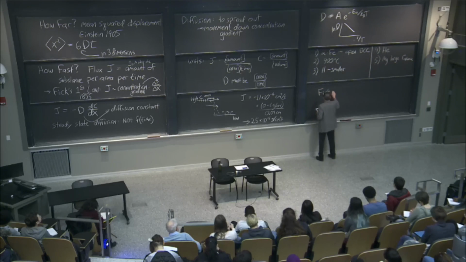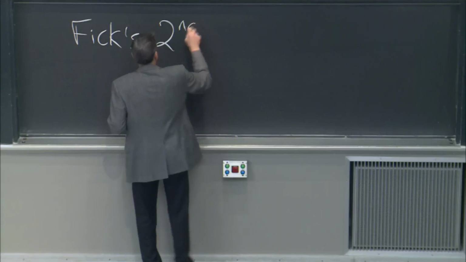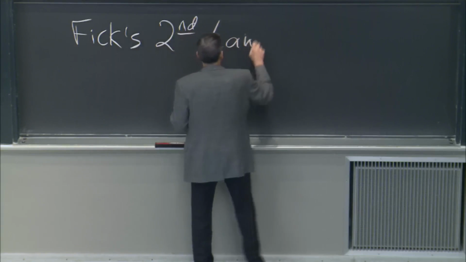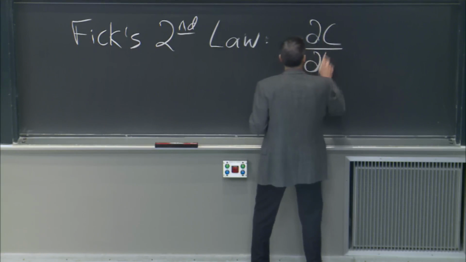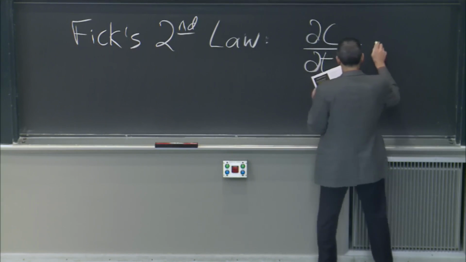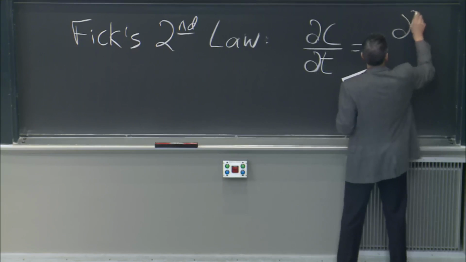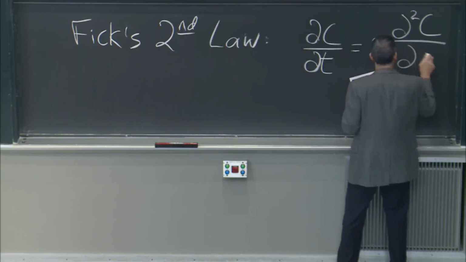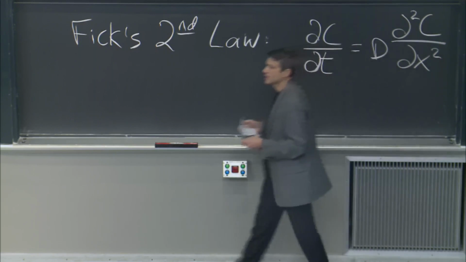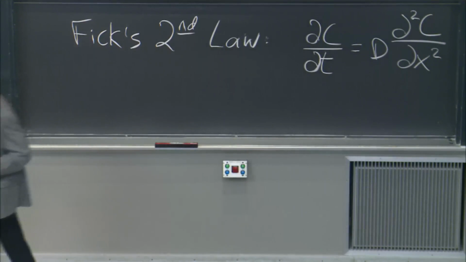Fick's second law says that the change in concentration with time is equal to the diffusion constant times the second derivative of the concentration with position. That's Fick's second law.